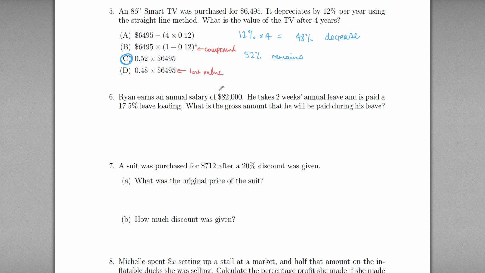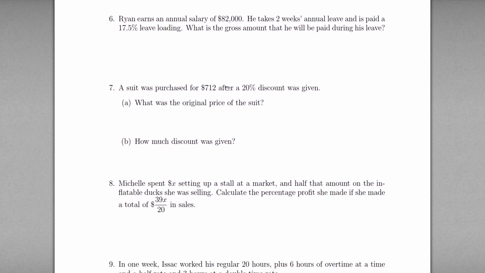Okay, alright, Ryan earns an annual salary of $82,000. Takes 2 weeks annual leave and is paid a 17.5% leave loading. What's the gross amount he'll be paid during his leave? So first thing to do is we got to work out how much he normally gets for 2 weeks of work. Okay, annual salary of 82,000.